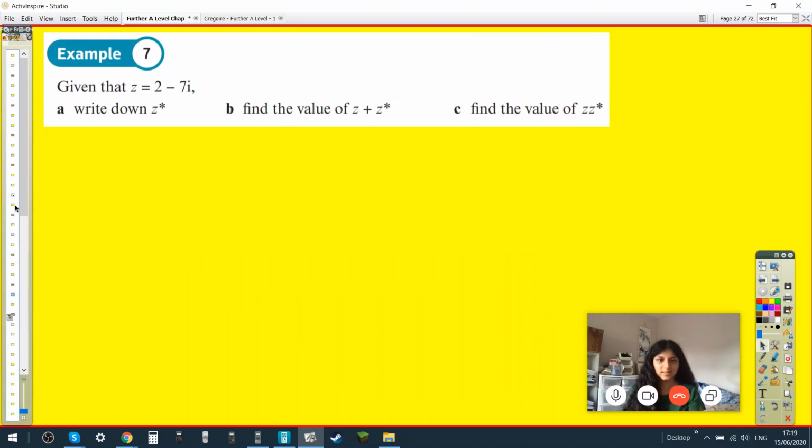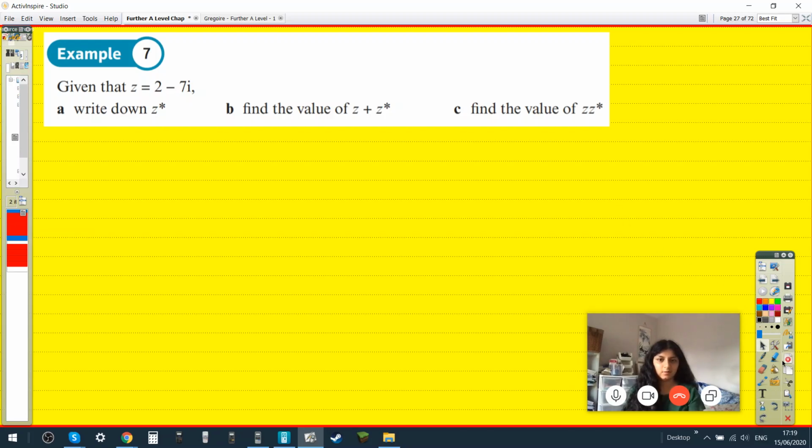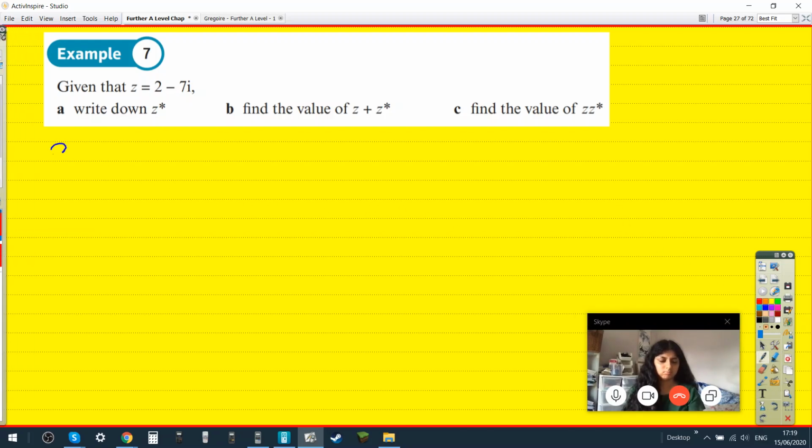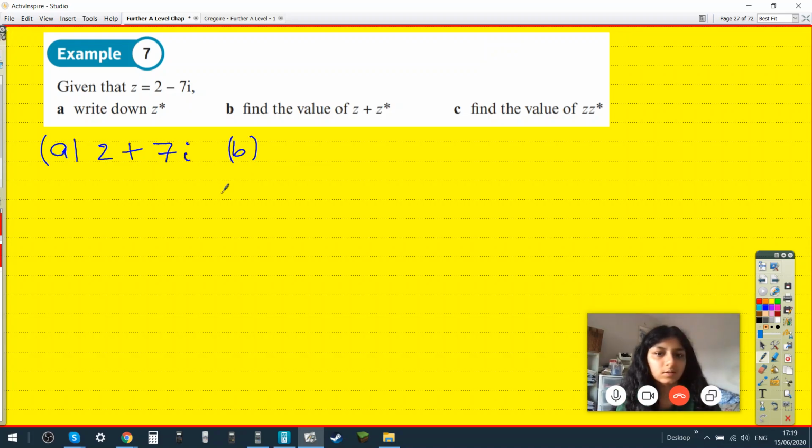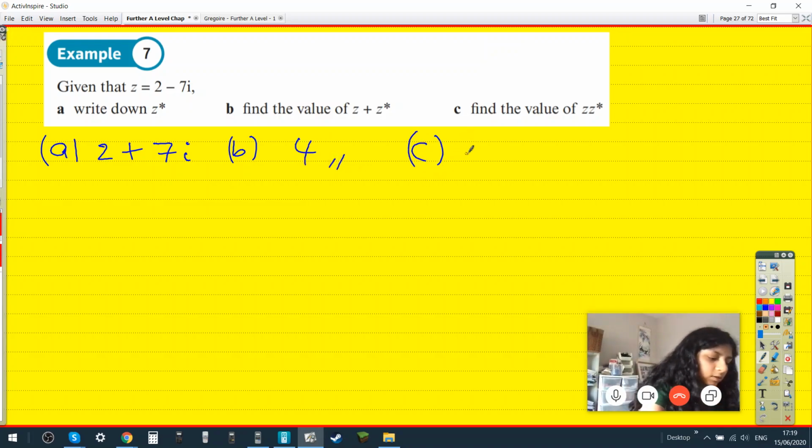Let's see. Okay, z star, what is this? 2 plus 7i. Yep. Wouldn't the added one just be 4? Yep. And multiplied, oh, that's difference of two squares.